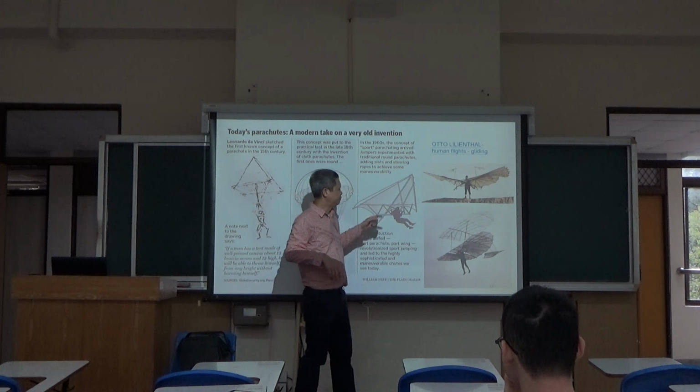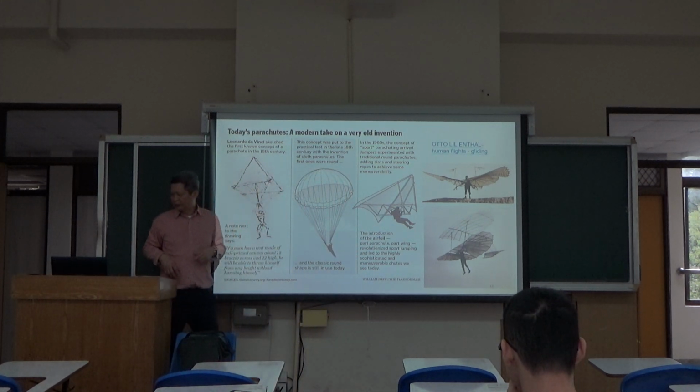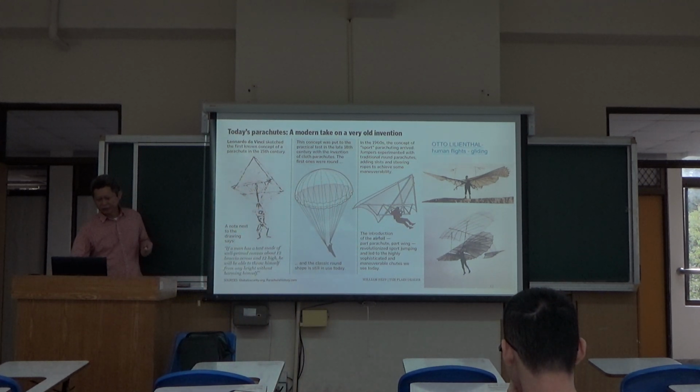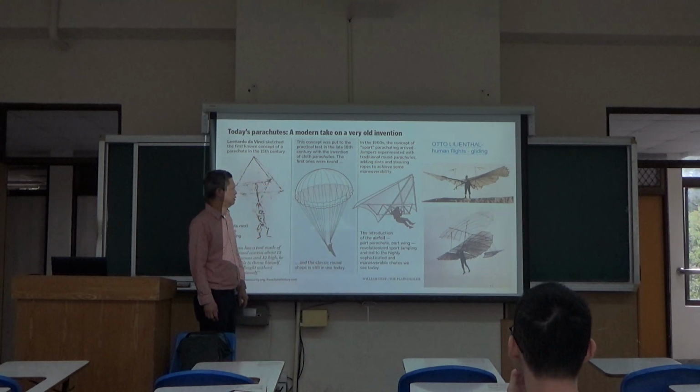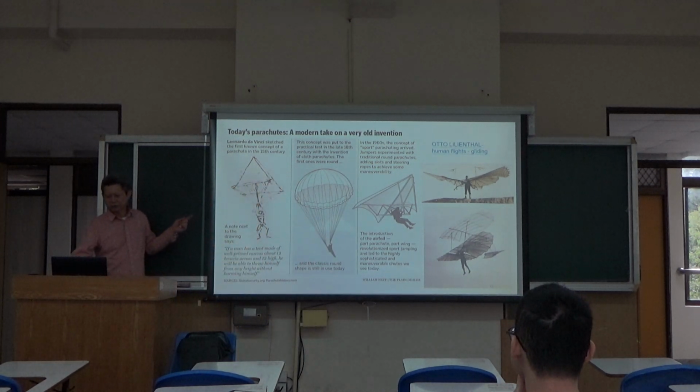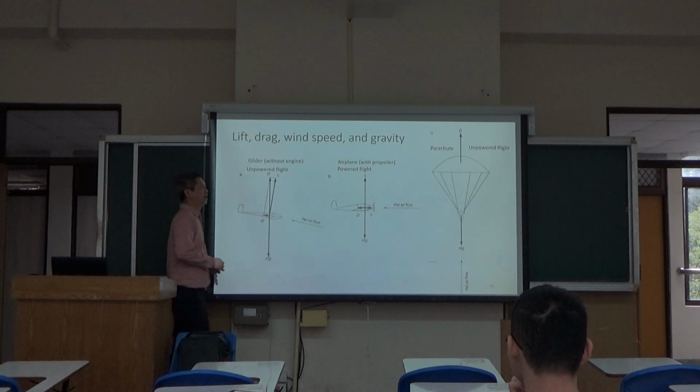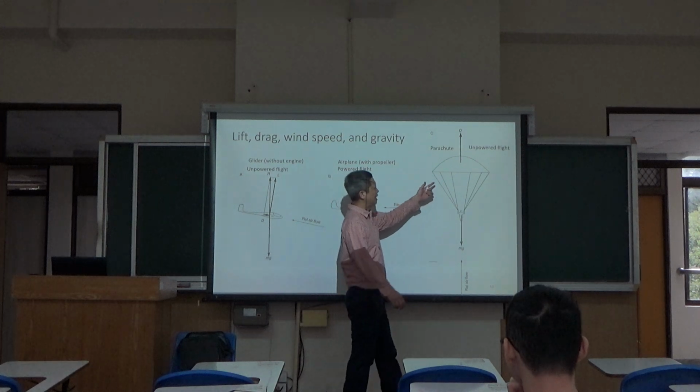Instead, parachuting is too dangerous, and then gliding with the help of wind, it is possible to lift up the weight of the human. But we shall talk about this parachute first, because this is one of the easiest kinds of aircraft.